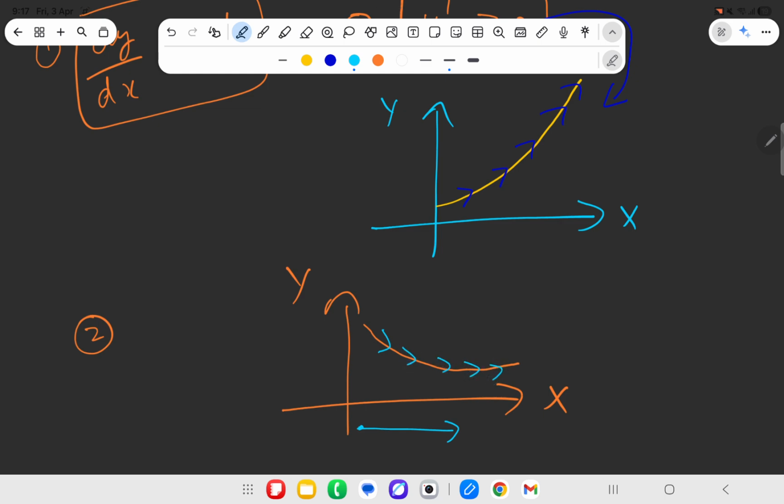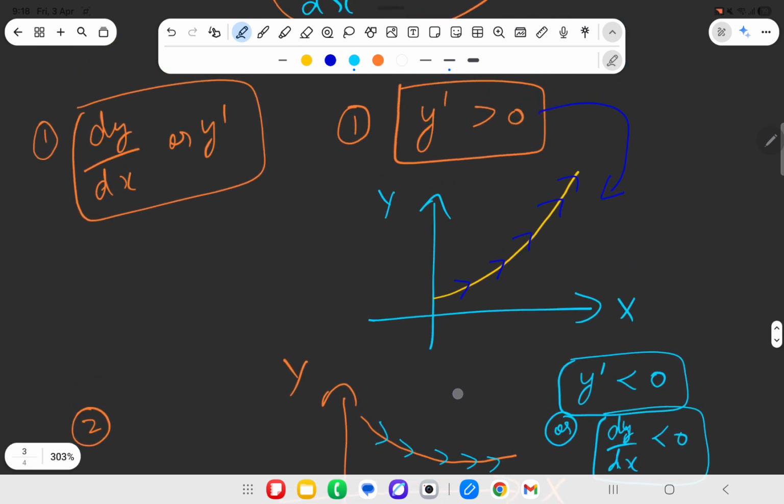From left to right hand side, its graph is decreasing. So obviously it means their y dash, means first order derivative, is less than 0. It represents dy by dx less than 0, that is negative. I hope it is very clear.